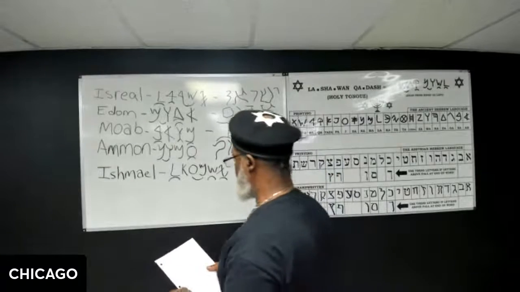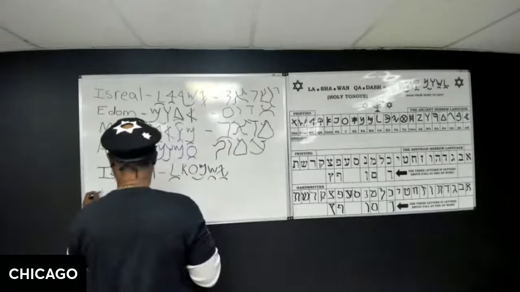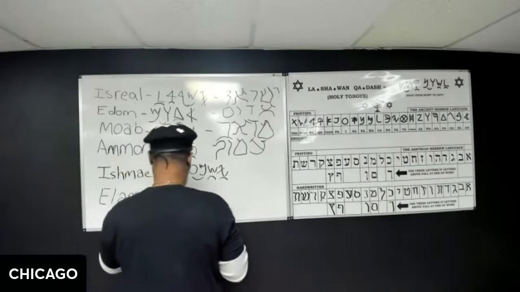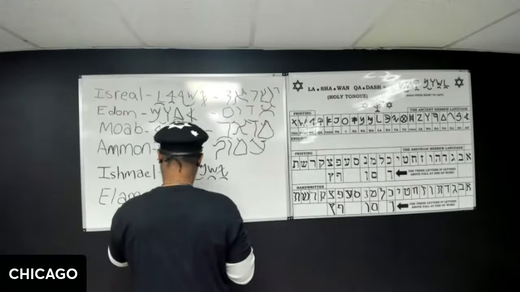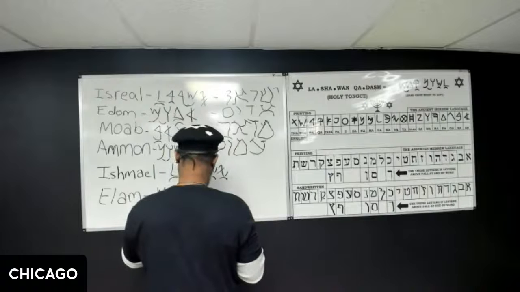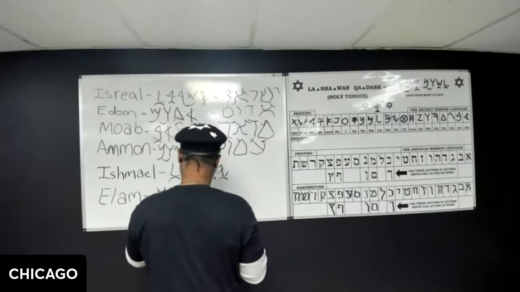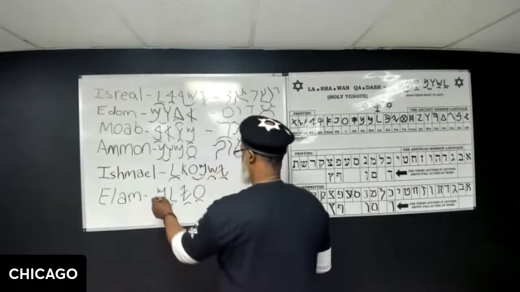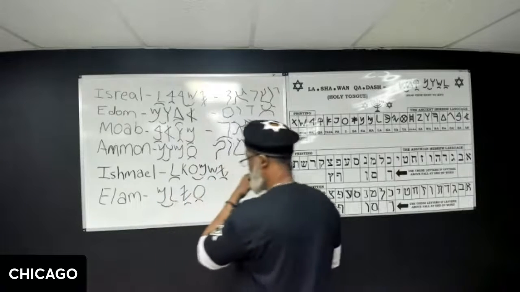We're about to do Elam. The first two letters are connected, the last two are singular.